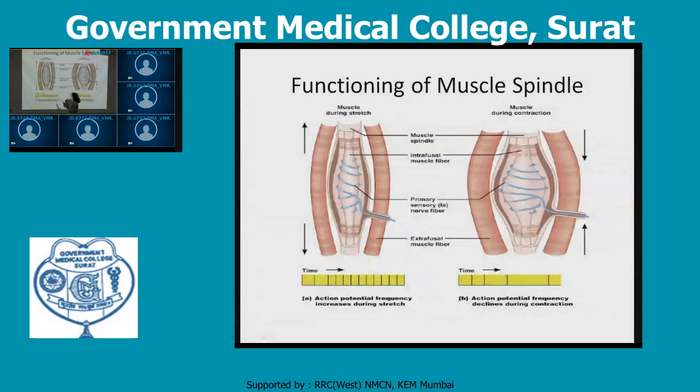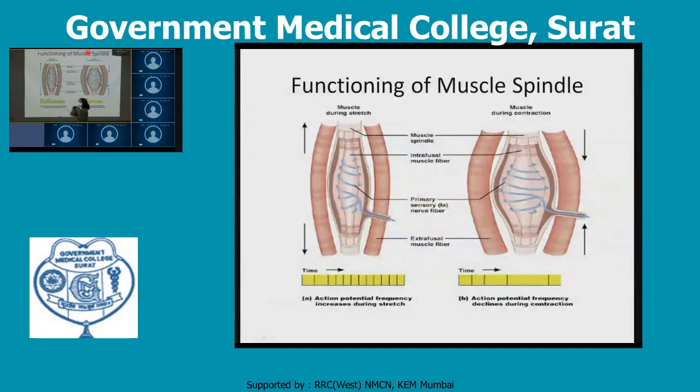These oscillations in the contraction of the extrafusal fibers are prevented when there is gamma efferent discharge. Because of this gamma efferent discharge, the oscillations in the muscle contractions are inhibited, and the contraction becomes smoother.